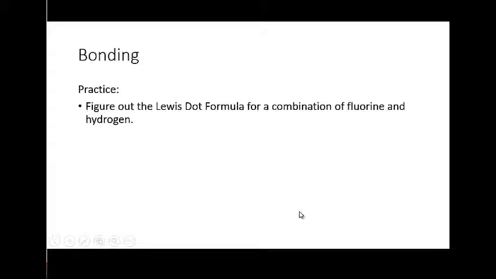Okay, let's practice. Figure out the Lewis dot formula for a combination of fluorine and hydrogen. I've done water for you, a combination of hydrogen and oxygen. Now you need to figure out how to do a Lewis dot formula using hydrogen and fluorine.